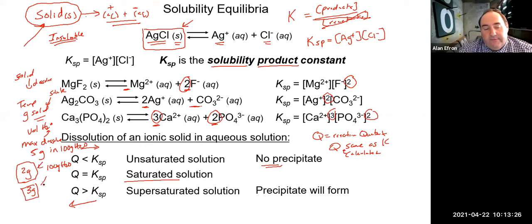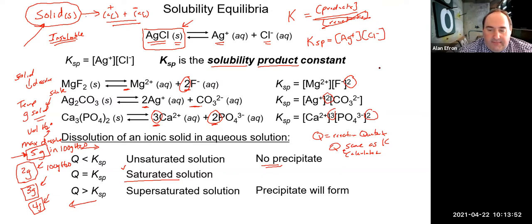This is still what is referred to as an unsaturated solution because we haven't hit that magical number, and it is different for different things. We get to 4 grams, we're still an unsaturated solution because we could continue to dissolve until we hit 5 grams in this example. At that 5 gram mark, it now becomes a saturated solution.